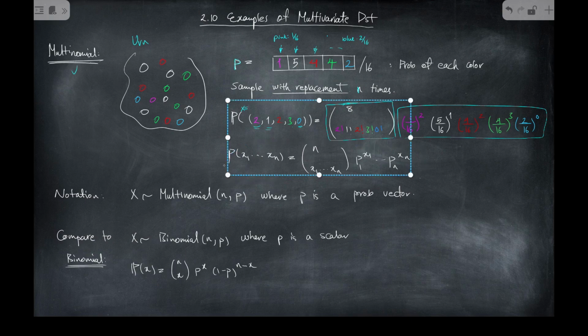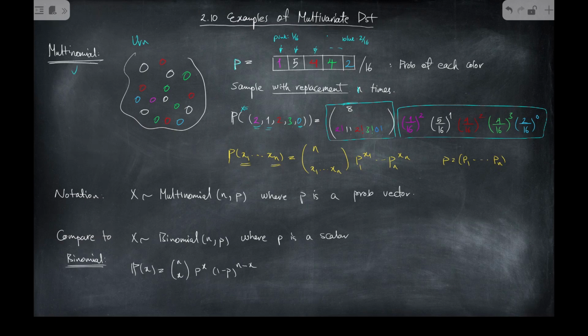So the formula for the multinomial distribution is like this. You have your probability vector P, which is n-dimensional, P1 through Pn. And the question is how many of different colors you have after n samples. And notation-wise, now we have 2 parameters.